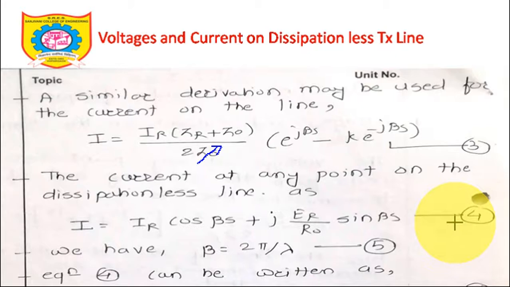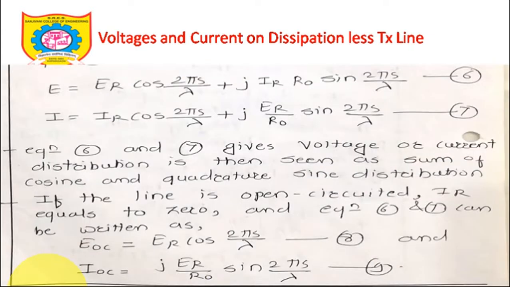But we already know that the beta term can be written as 2 pi by lambda. So can we represent equation number 4 and equation number 3 in terms of this beta? Yes, we can. So the final form of the expression for the dissipationless, distortionless line: E is equal to Er cos 2 pi by lambda into s plus j Ir R0 sin 2 pi s by lambda.